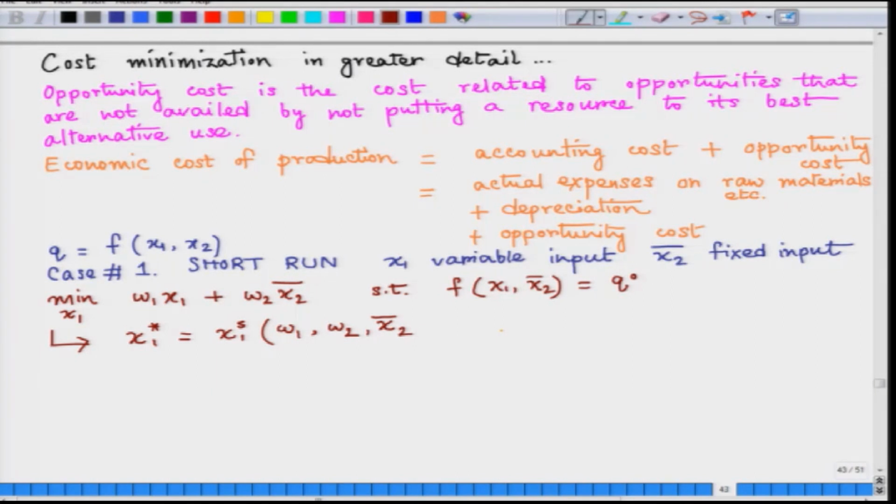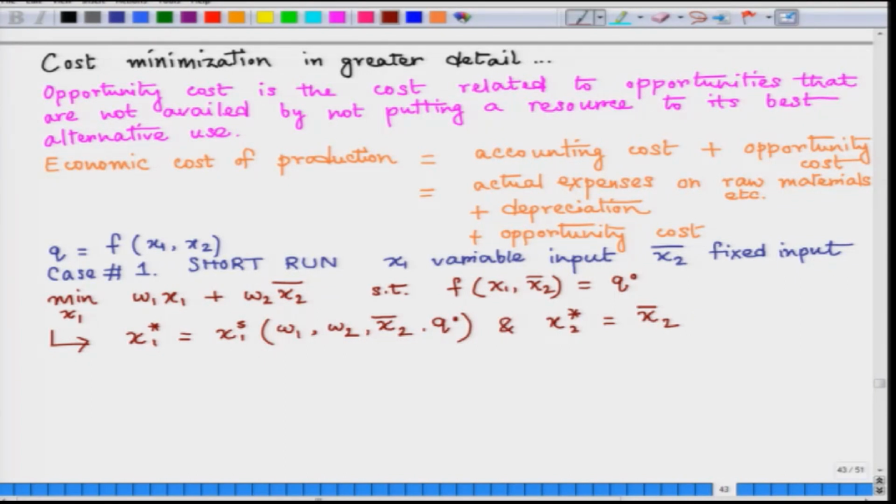So my Shortrun input demand for input 1 will be a function of the quantity of the fixed input as well, and lastly it will be a function of the output level to be produced. And of course, x star 2 will be nothing but x2 because it cannot be changed in Shortrun.